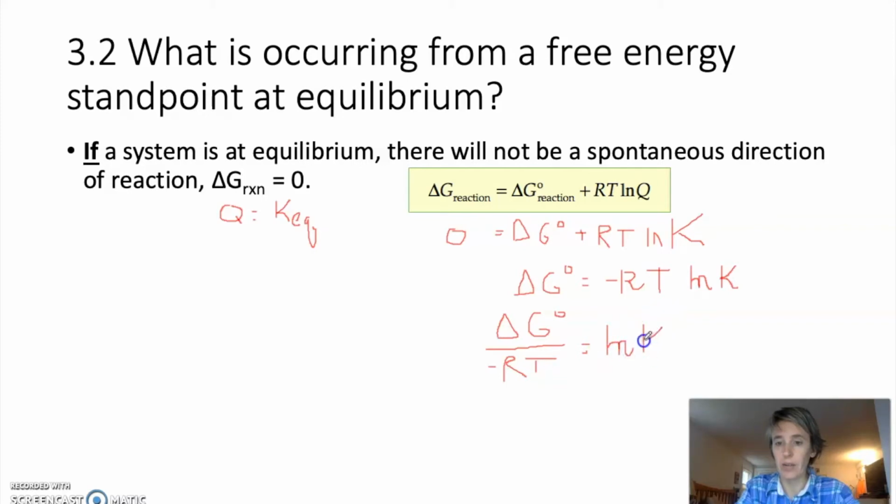And so if I want to get just K equals, I can take the exponential of both sides. So in the end, I've got e to the power of standard free energy over RT, and that whole expression that e is being raised to would be negative, is equal to my equilibrium constant.